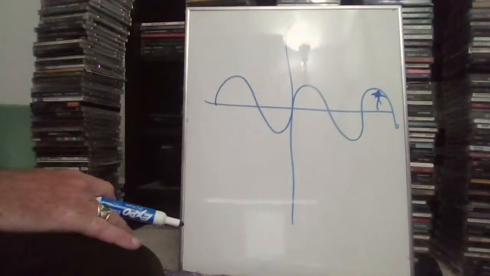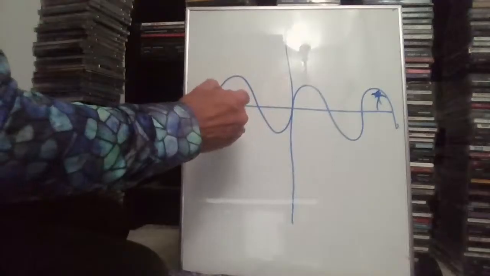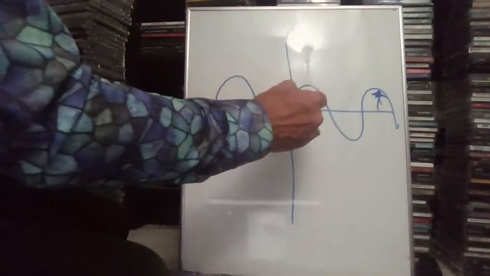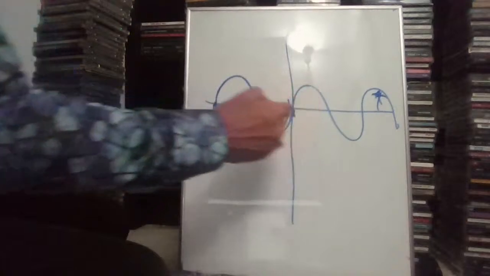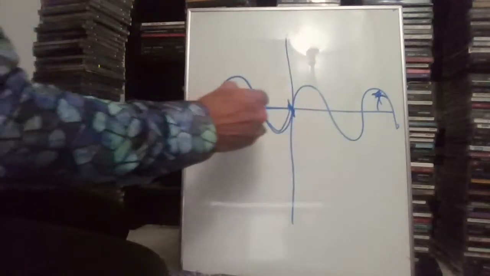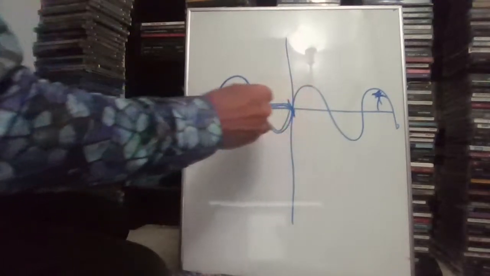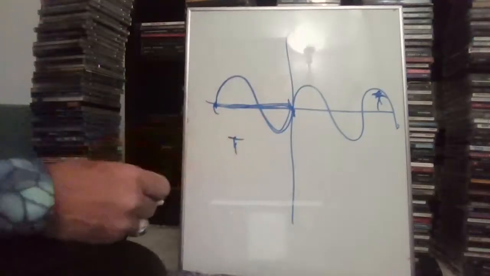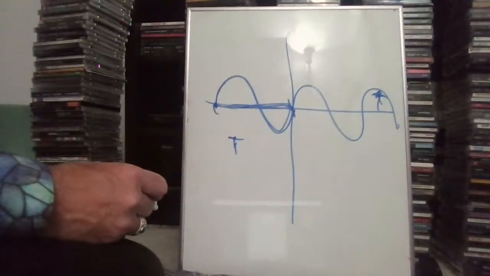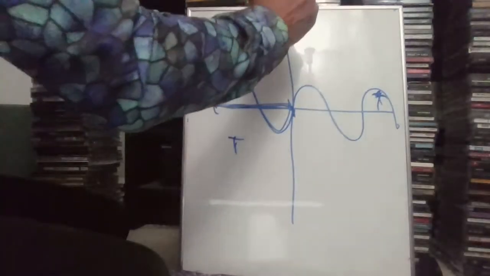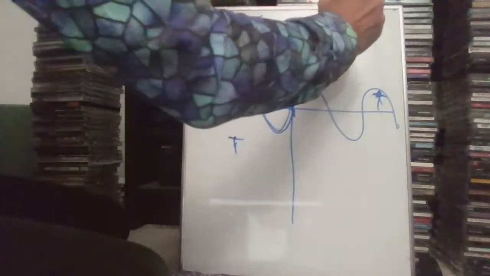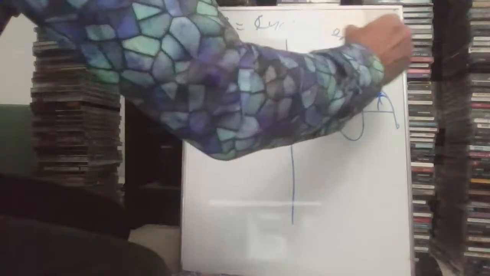And if the frequency repeats in this much time, that's called a period T of time, and the frequency equals cycles per second.